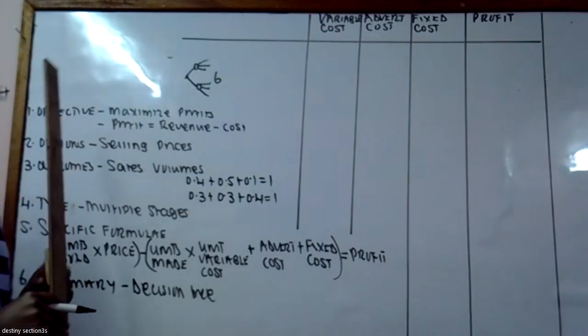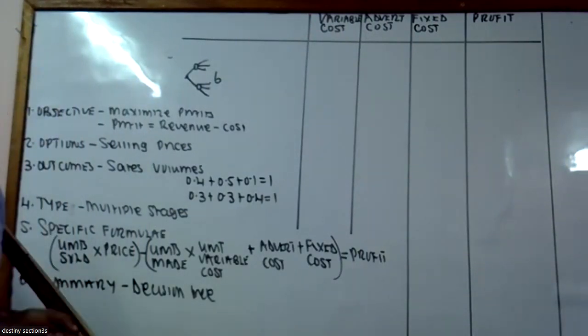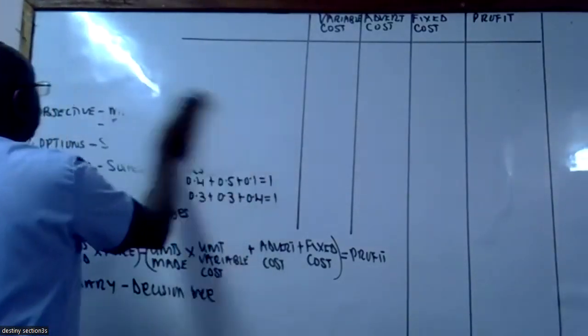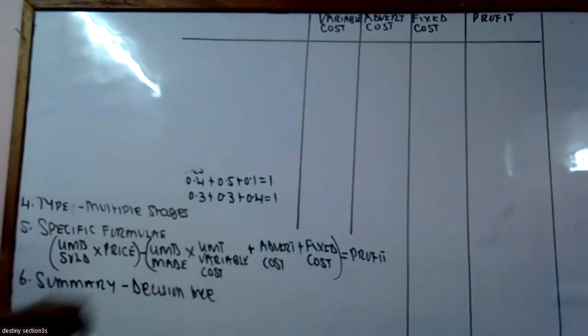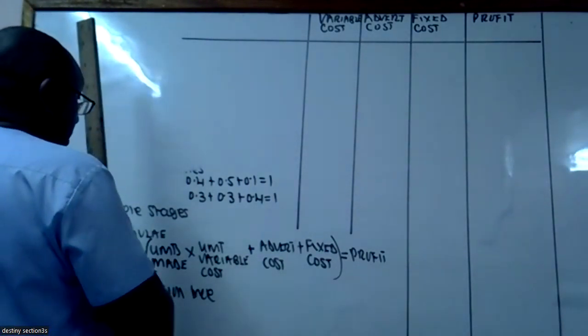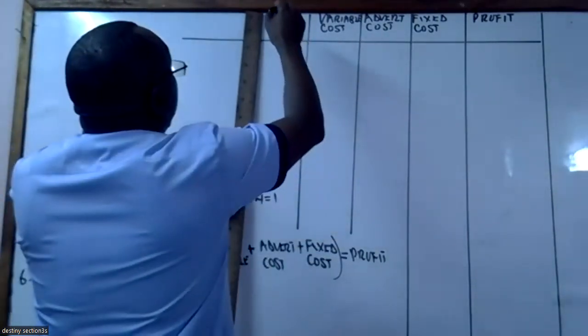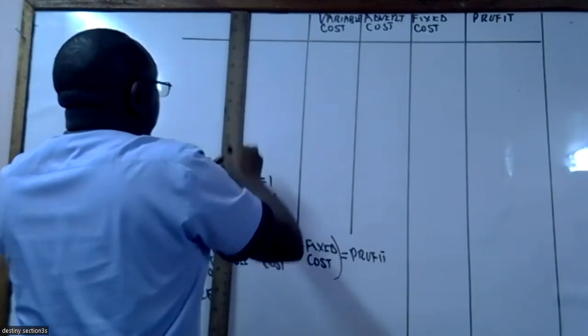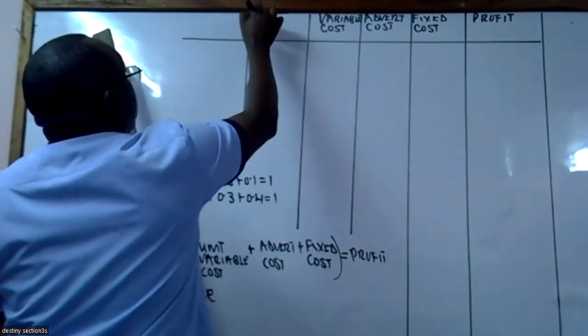Column for variable costs. Then I will have a column for revenue.